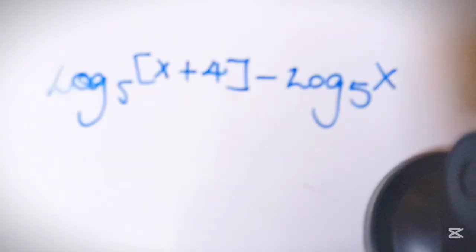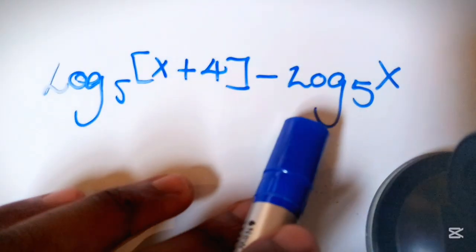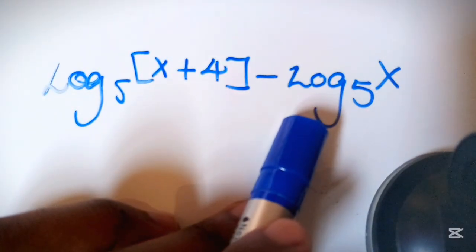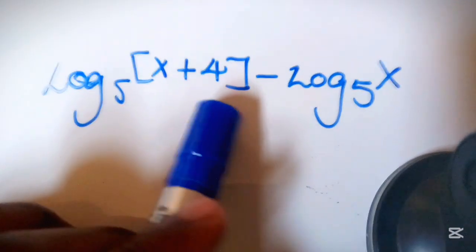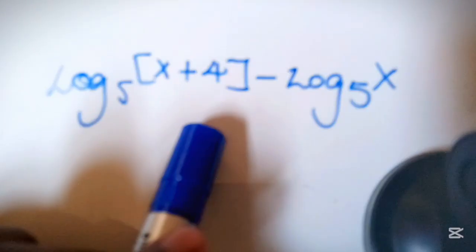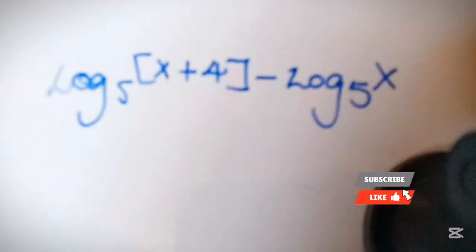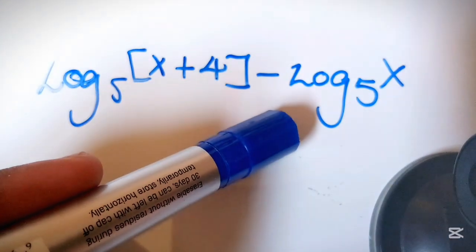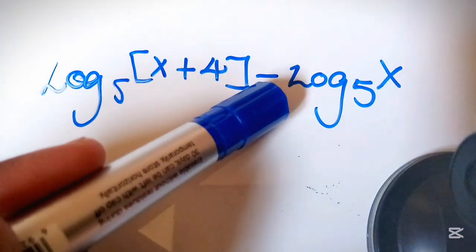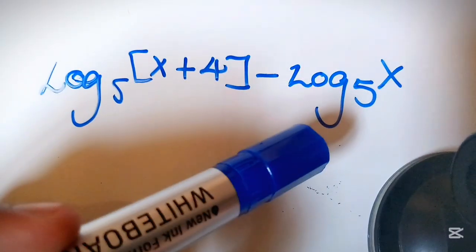So I have brought this side, and we'll focus on the 1 later. I want to make this into a single log. So we have log 5 of (x plus 4) minus log 5 of x. In logarithmic terms, when we have a minus, we're talking about division.